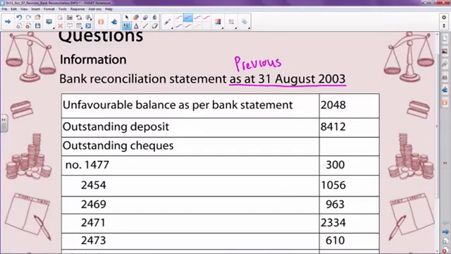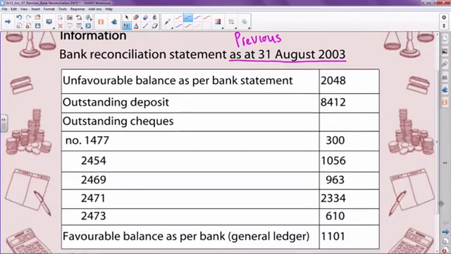According to the previous month, there was one outstanding deposit, and there are 1, 2, 3, 4, 5 outstanding checks. I'm just going to circle all of them, because I need to take this into account when I'm doing this month's bank reconciliation statement.